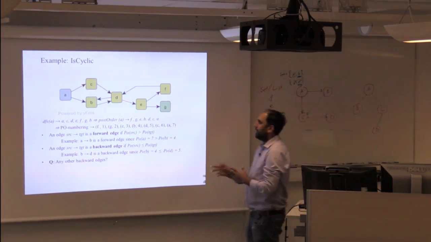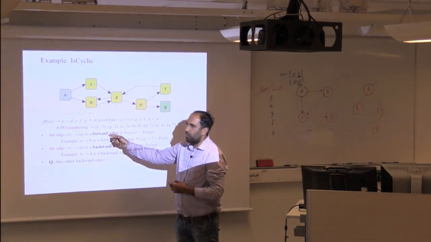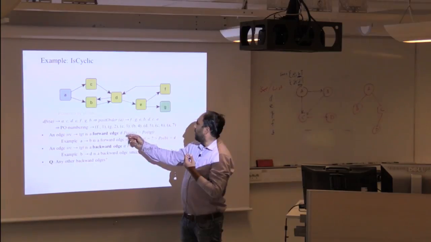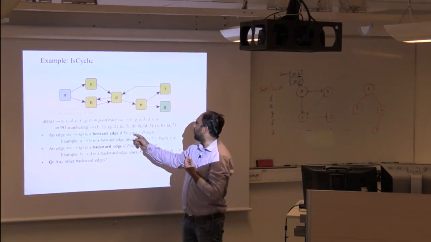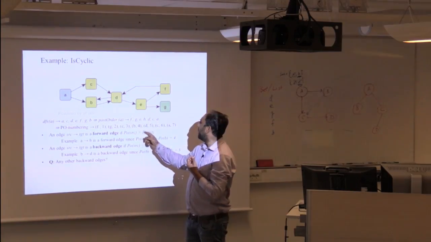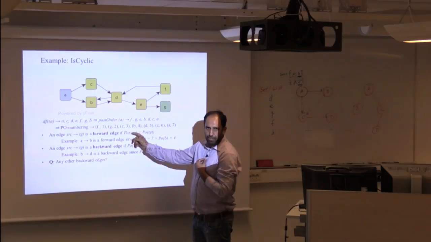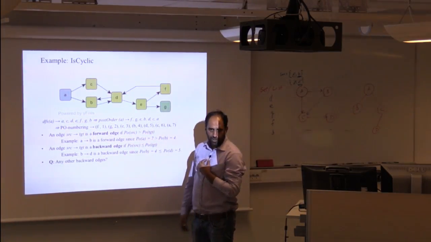Okay, and then we have a concept of forward edge and backward edge. How can we find if an edge is a forward edge or a back edge? We compare the post order number of the source with the post order number of the target, and if the post order number of the source is more than that of the target, then it's a forward edge.